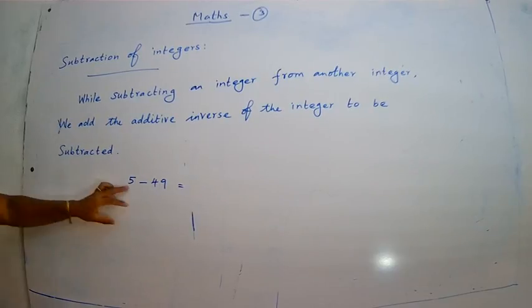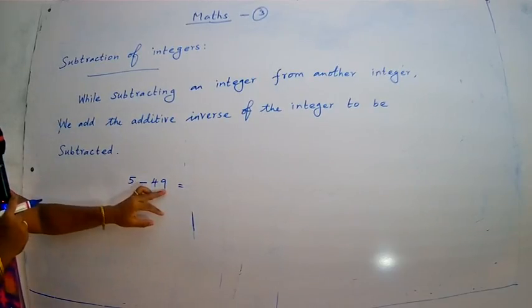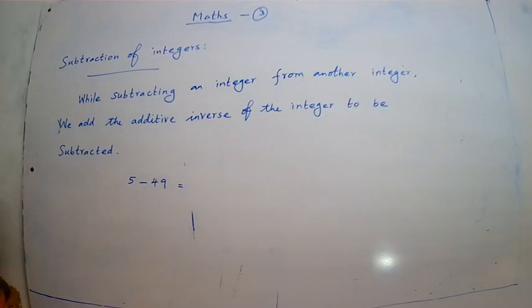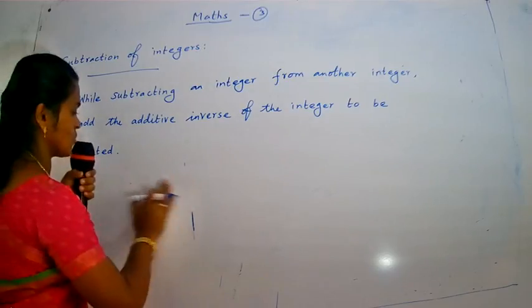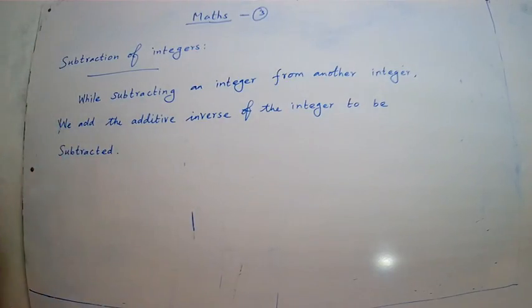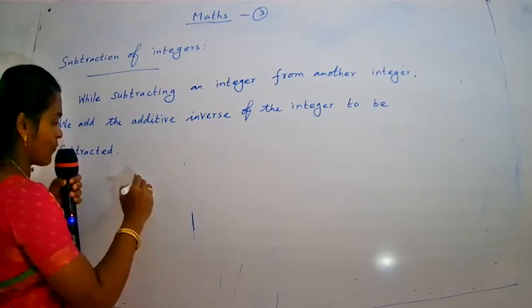This is a smaller number, this is a greater number, so the difference is very difficult. Yes or no? So that's why we use the integers. You write it in integer form. So subtract 49 from 5.